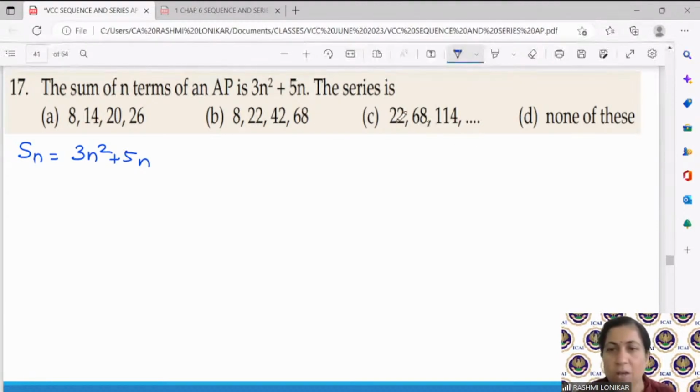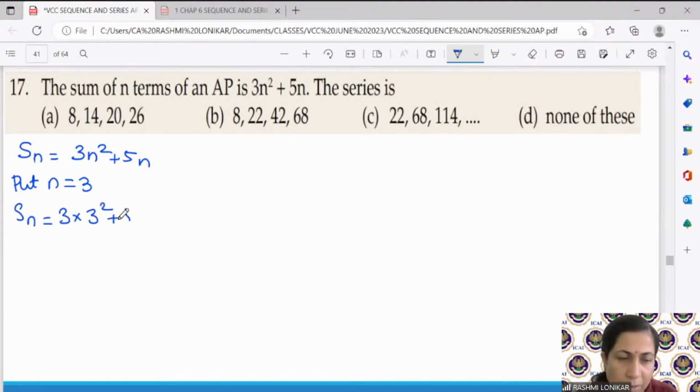So let me put n equal to 3 because then I can easily find out which of these options is satisfied. If I put n as 3, Sn is equal to 3 into 3 square plus 5 into 3. 3 square is 9, 9 threes are 27, plus 15. Answer is 42.